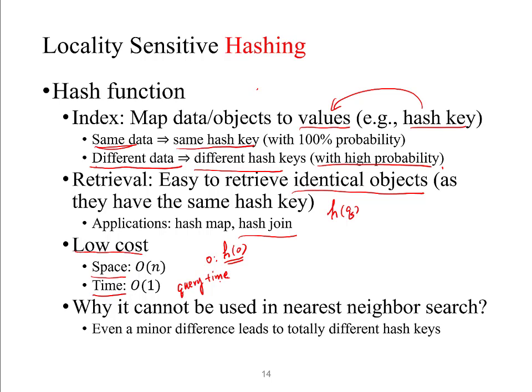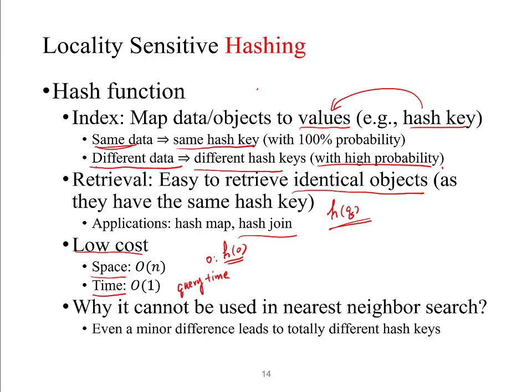For a hash algorithm, when the query comes, we compute the hash value of the query, and then we can directly access the value of that hash key on the hash map, because we can directly link the hash value to its address in memory.